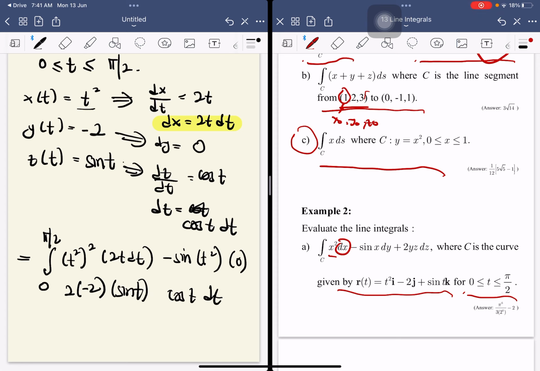If we rearrange the terms, we get the integral from 0 up to pi over 2 of 2t to the power of 5 minus 4 sine t cos t dt.